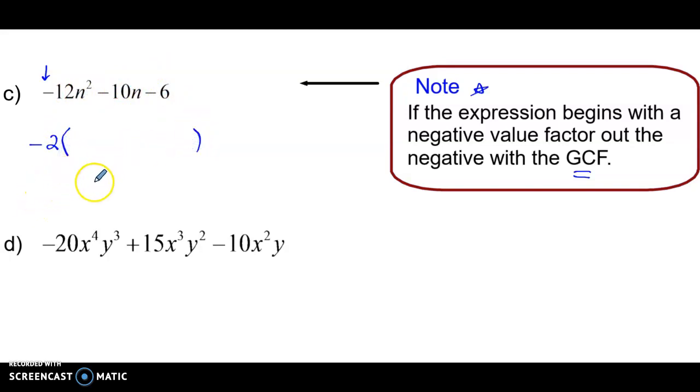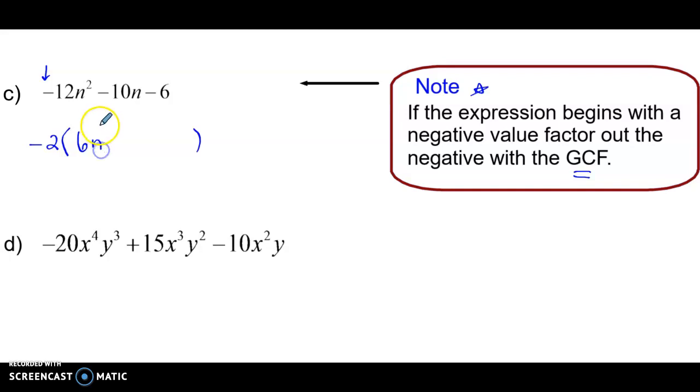I have to be really careful now that when I'm multiplying to get my expression back, that I'm really looking at those positives and negatives and those rules. So negative needs to get multiplied by a positive value to end up with a negative. So negative 2 multiplied by positive 6 is negative 12.